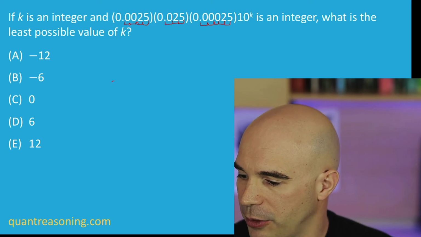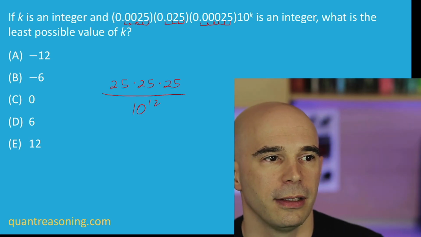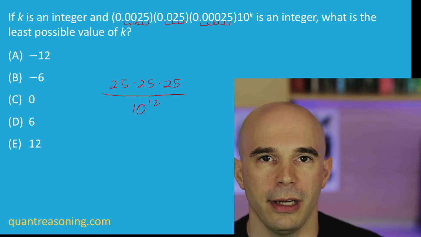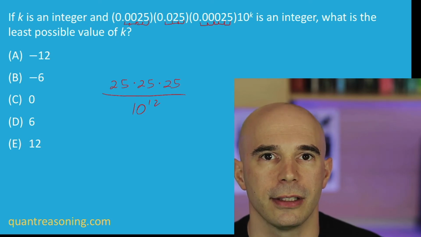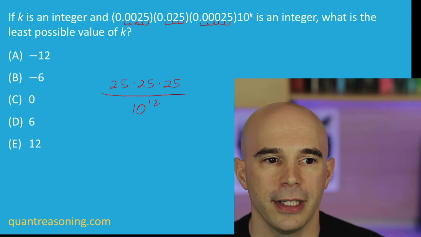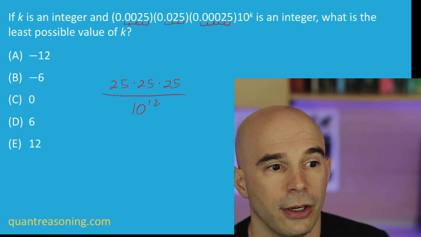And then I say, okay, I've got 25 times 25 times 25 over this many factors of 10. Okay, so I literally counted the spaces to the right of the decimal points to see how many factors of 10 are in the denominator of this number.